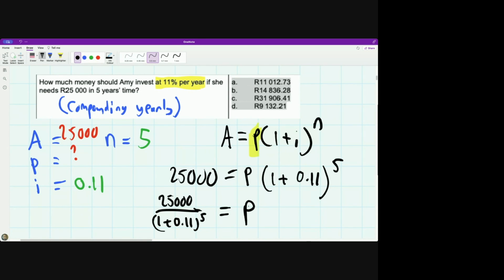So it seems like we just go fraction 25,000 over bracket 1 plus 0.11 to the power of 5, and we get 146,836.28, and so the right answer is B.